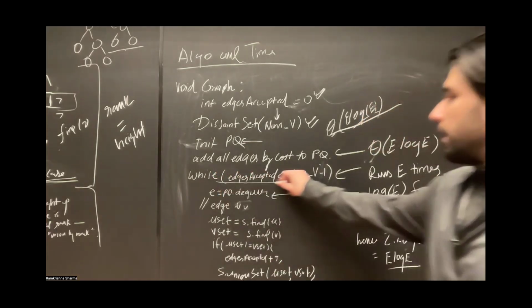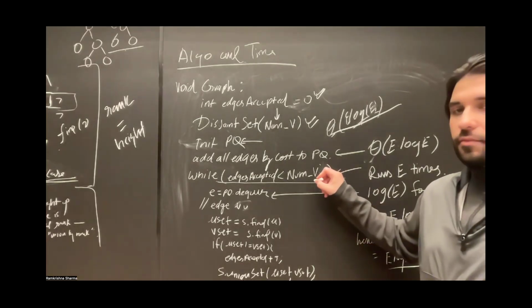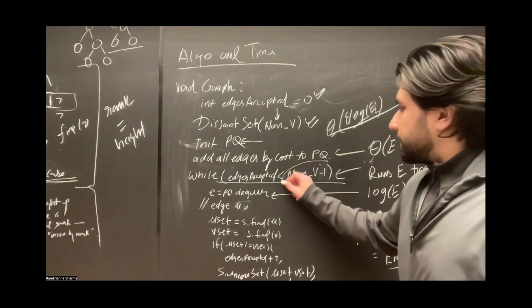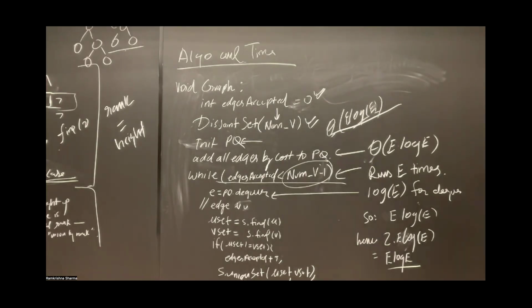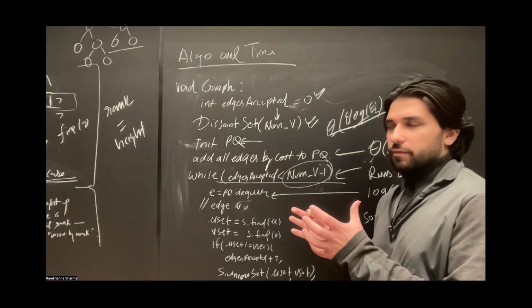Now here you have, while the edges accepted are less than num, the number of vertices, minus 1, which of course makes sense that this is not num of v, because again, the halt condition when we're done building the minimum spanning tree is when there are v minus 1 edges.